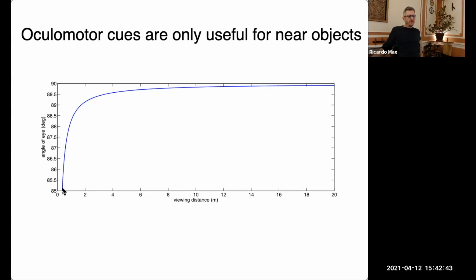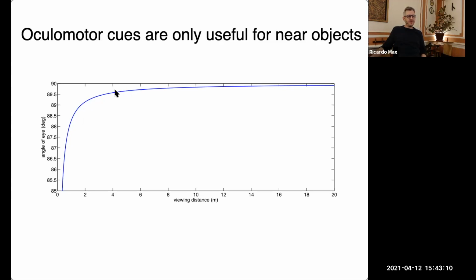So this is the convergent angle of the eyes according to distance. When we are looking at something really close, our eyes, as we all know, really cross in order to put the object on both foveas. And the further away, the less they converge.